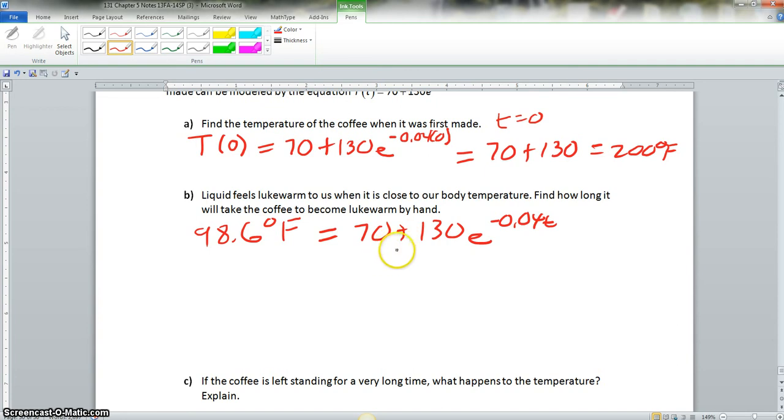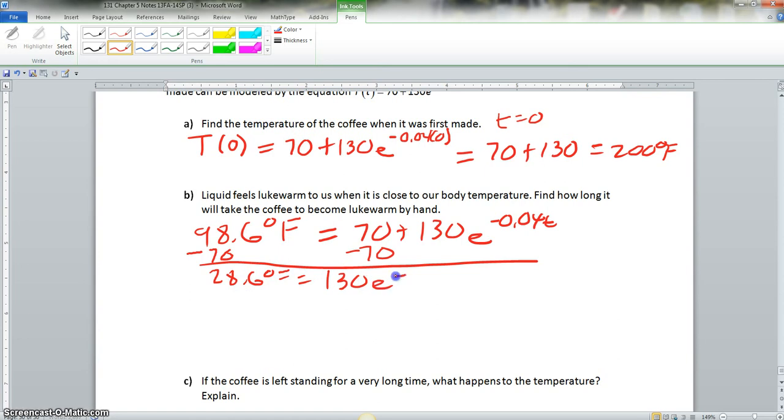So what we would do first is subtract 70 on both sides. So we will have 28.6 degrees Fahrenheit is equal to 130 e to the negative 0.04t. Now we would divide each side by 130. These 130s will simplify out.